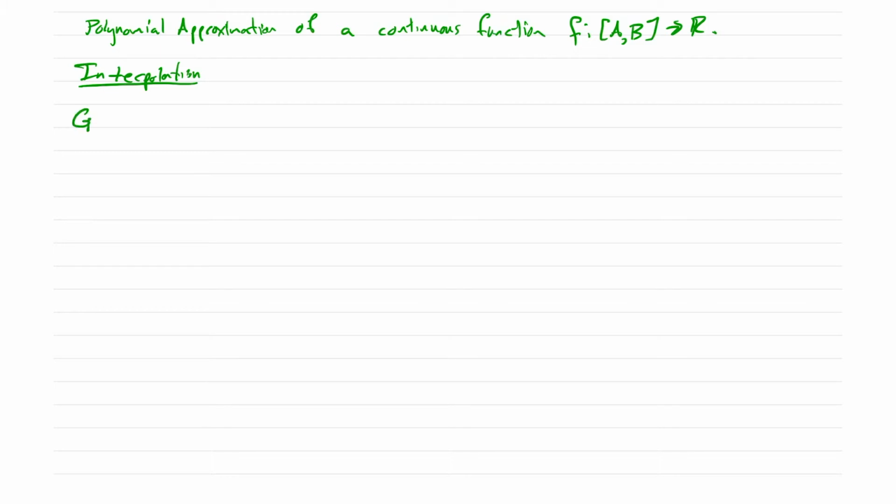What are we given? Before, with Taylor polynomials, we were given derivatives. If we knew a certain number of derivatives at a certain point, then we could come up with some approximation of the function using Taylor polynomials. Here, we're not talking about values at a single point, but rather a collection of points that we sampled from the function itself. So we're given these points xi and f of xi, for i going from 1 to, let's say, n plus 1.